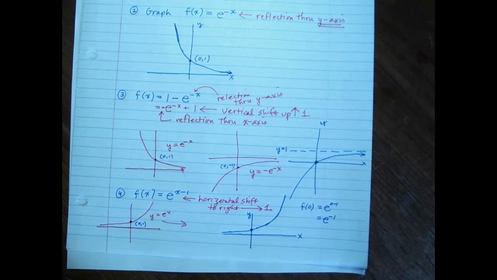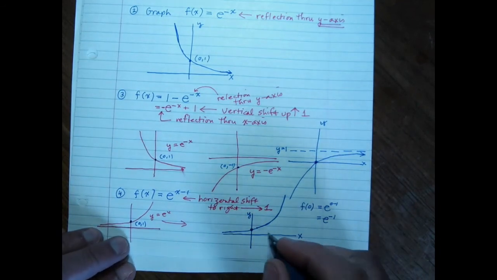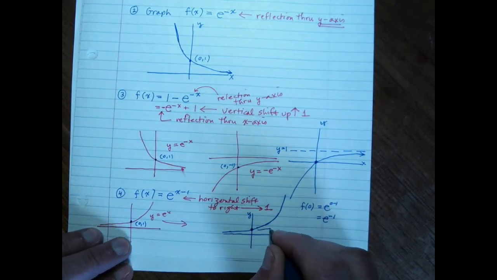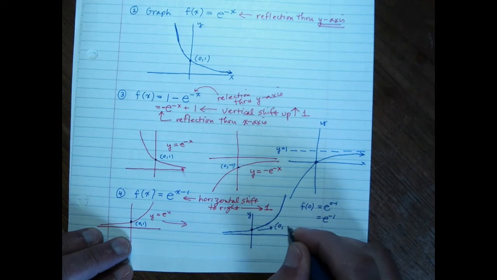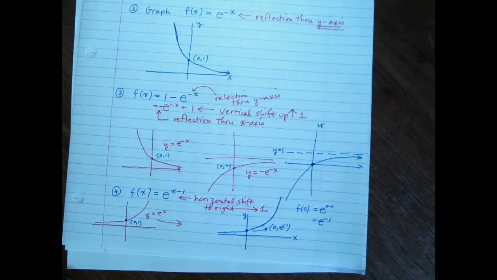And so this point is 0, e to the minus 1. Let's just pull up a value.